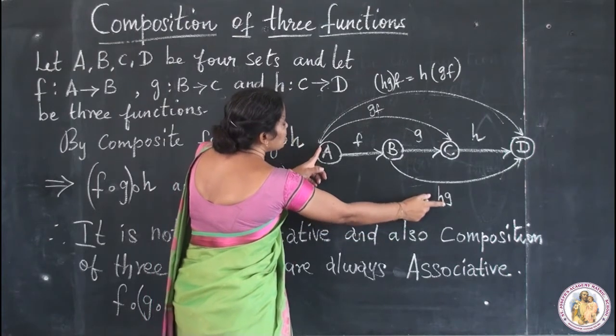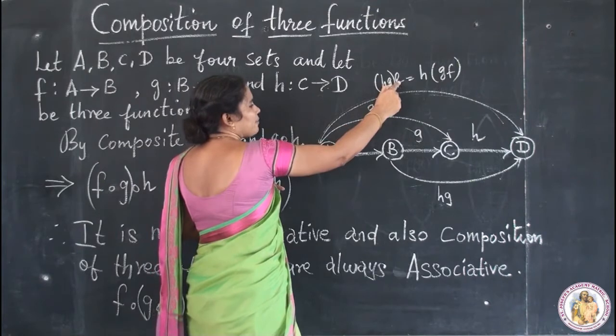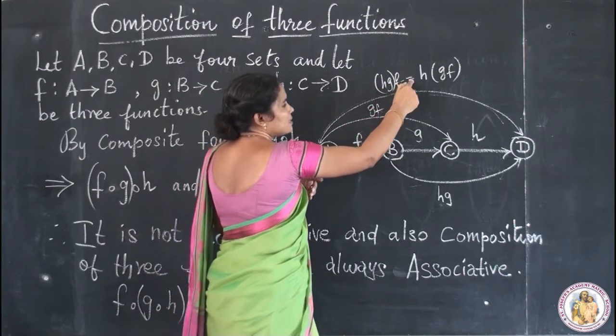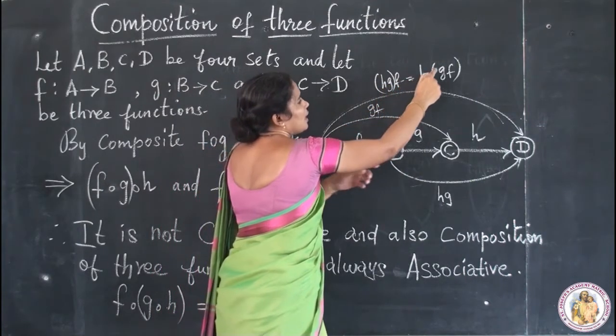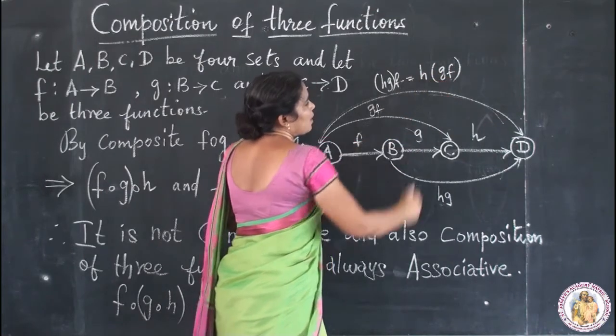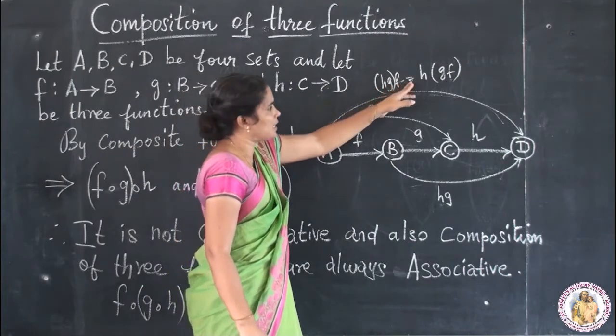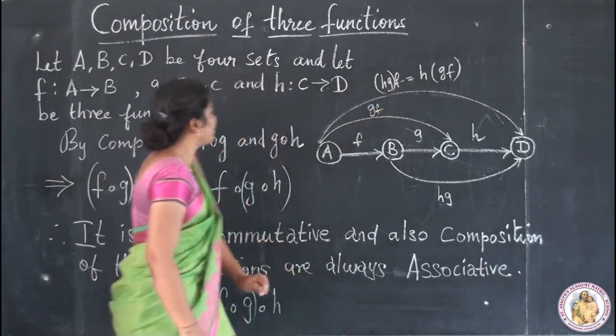So the combination of A to D will become h into g into f, that is h of g of f.